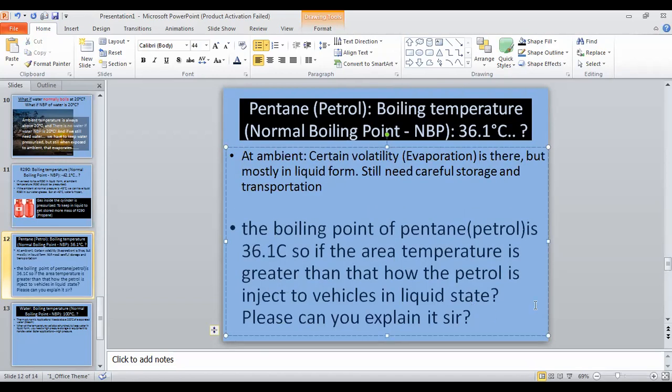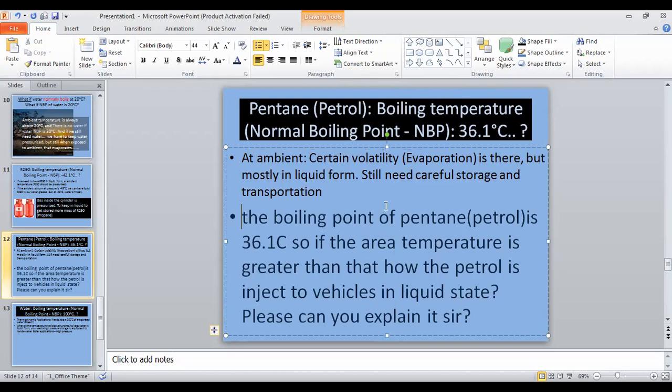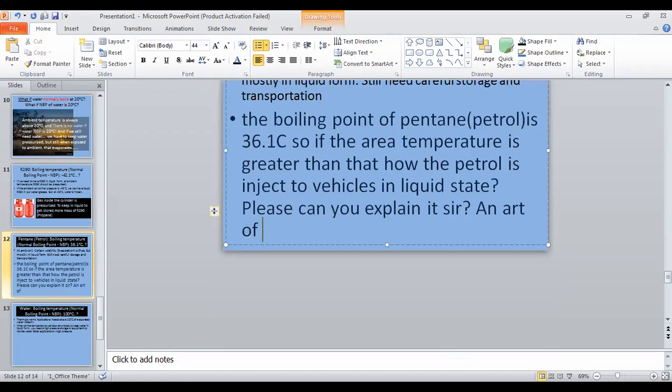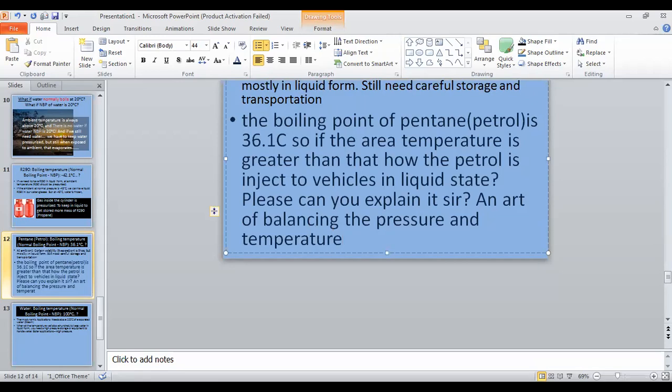So as an answer, I will put it this way: an art of balancing the pressure and temperature in combustion.